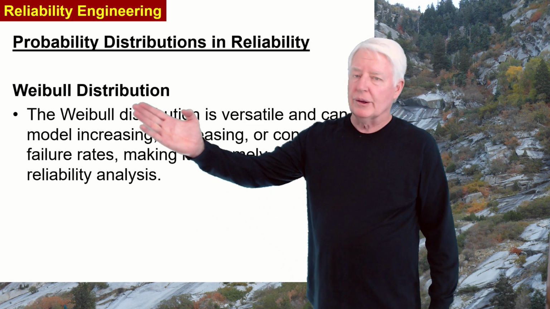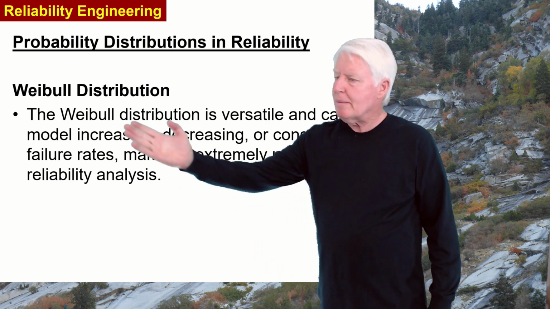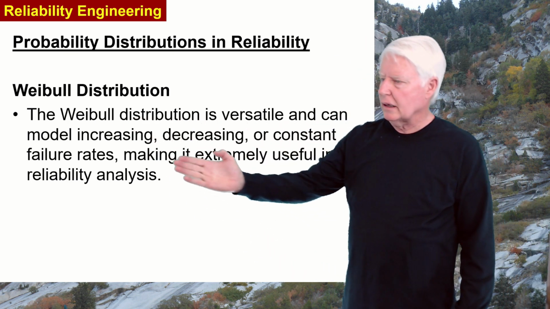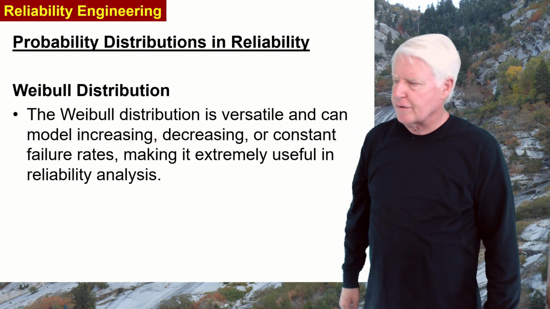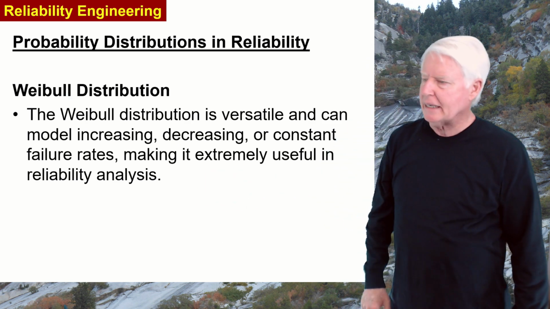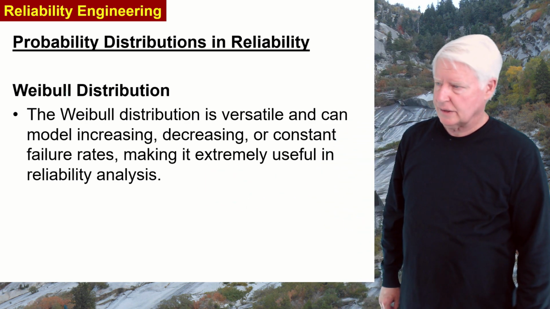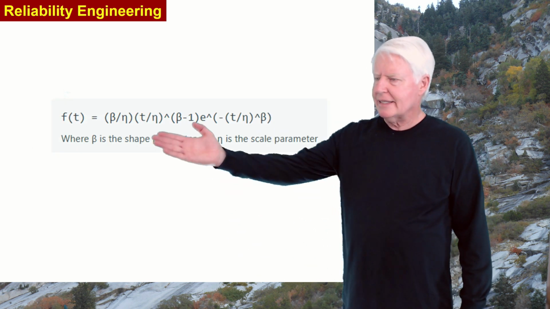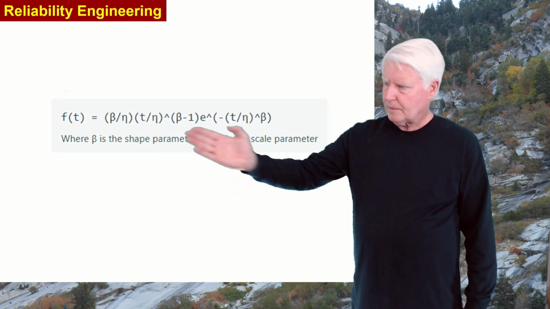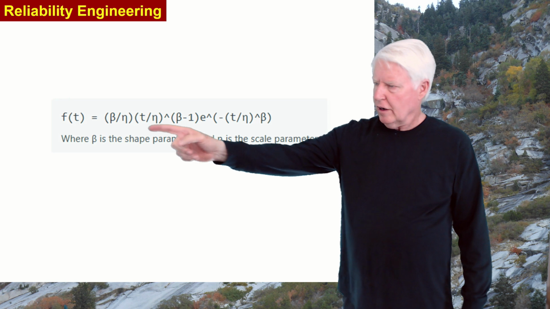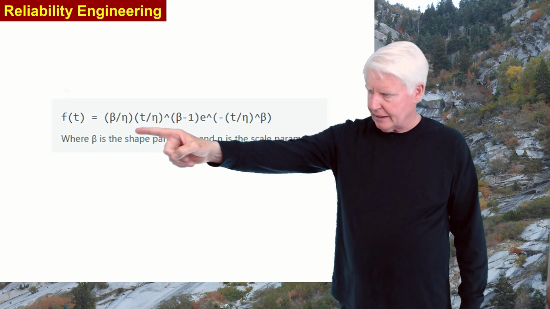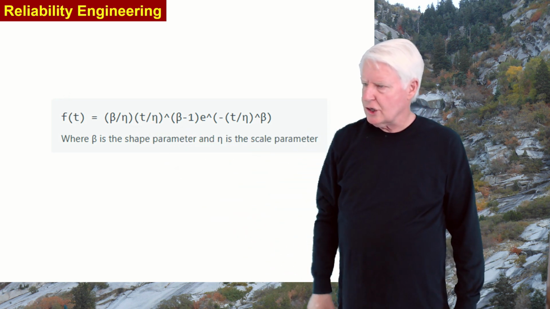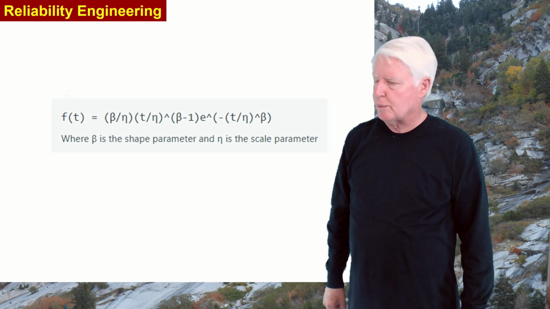Then we have the Weibull distribution. The Weibull distribution is versatile and can model increasing, decreasing, and constant failure rates, making it extremely useful in reliability analysis. So this is a very important distribution. It's not as user-friendly. Okay, this is the formula for probability of failure at a given time. Beta is the shape parameter, eta is the scale parameter.